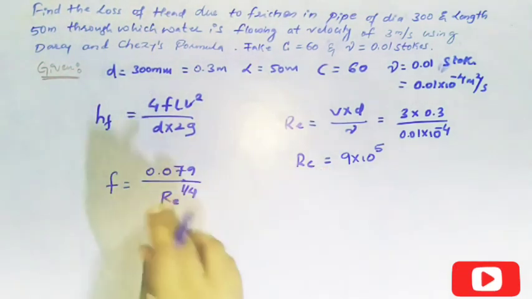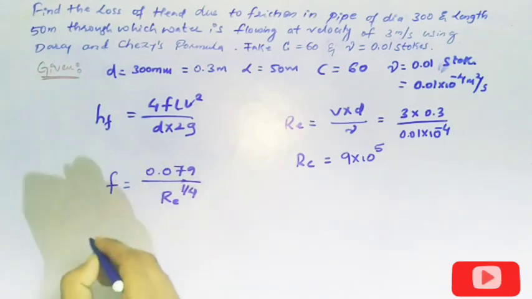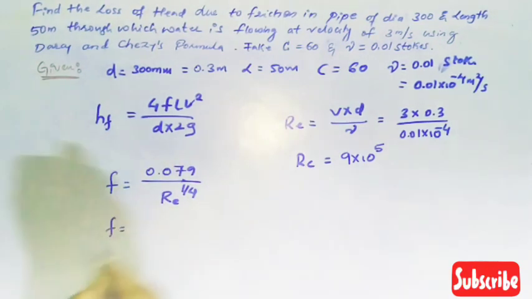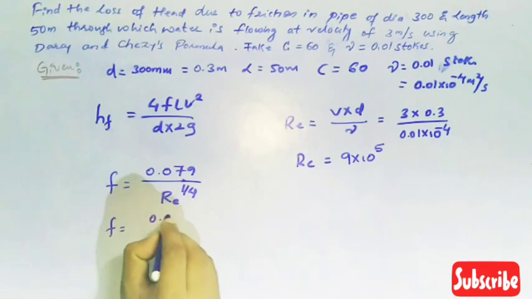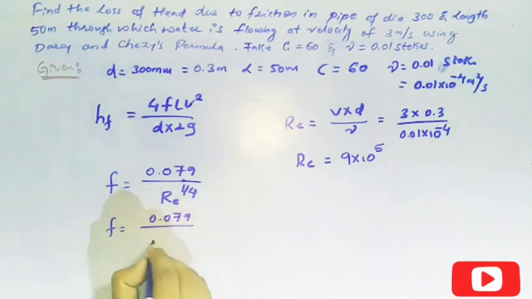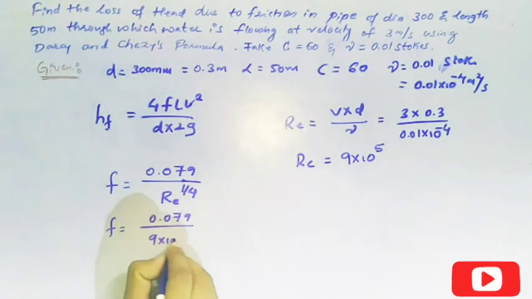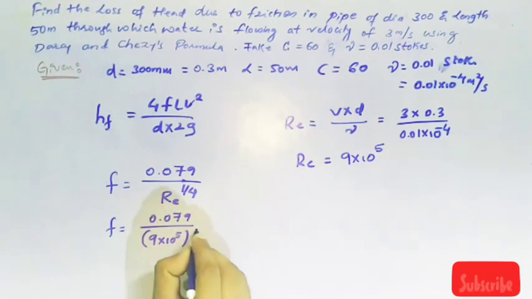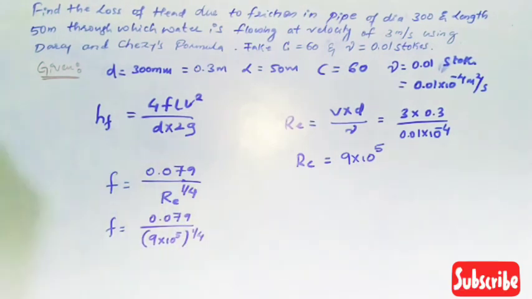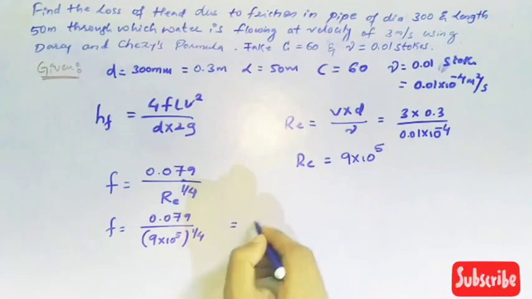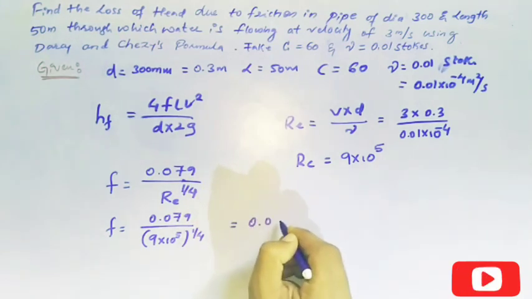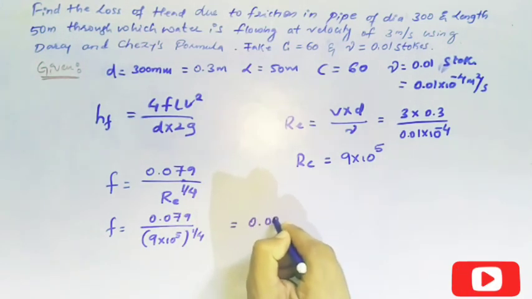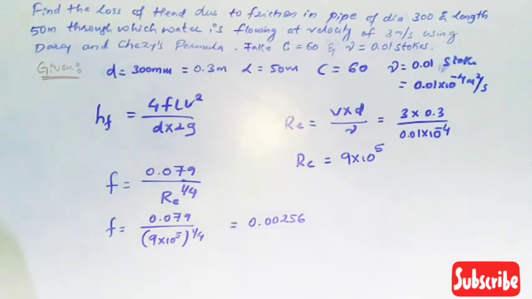Now let us substitute this Re value. Now f will be equal to 0.079 divided by 9 into 10 raised to 5, all raised to 1 by 4. Now the f value, that is the coefficient of friction, will be 0.0256.